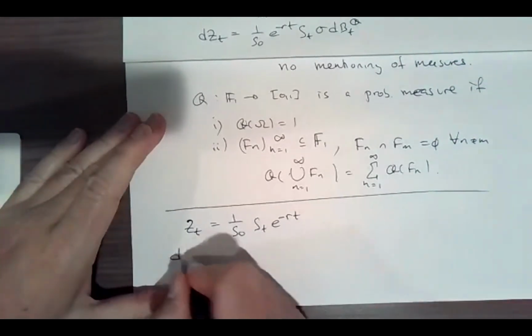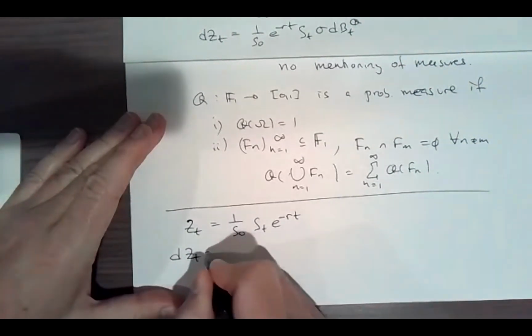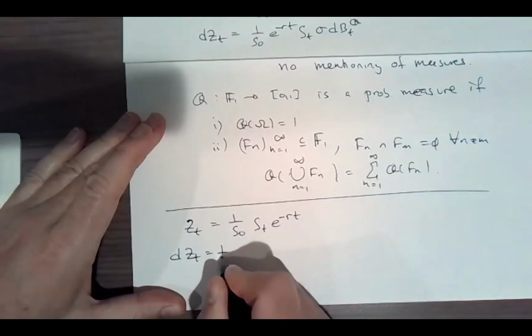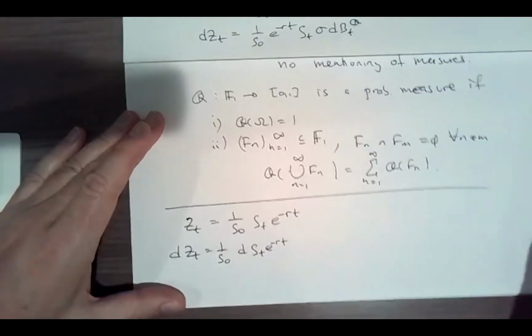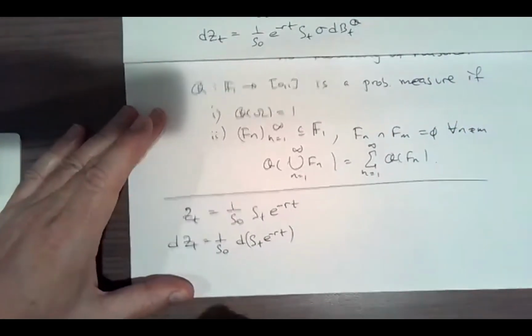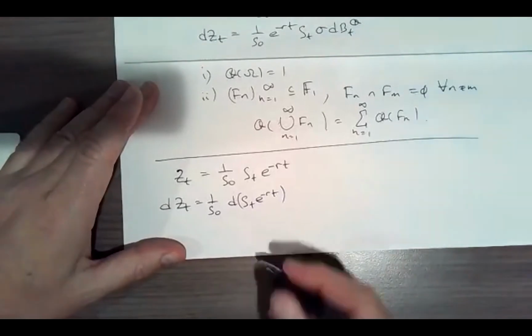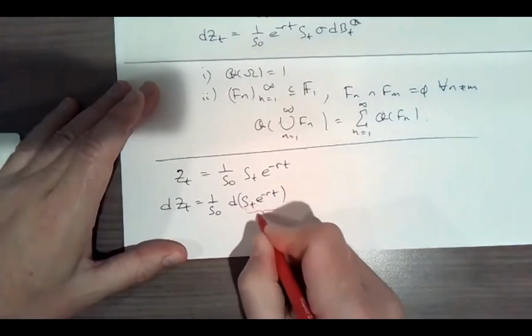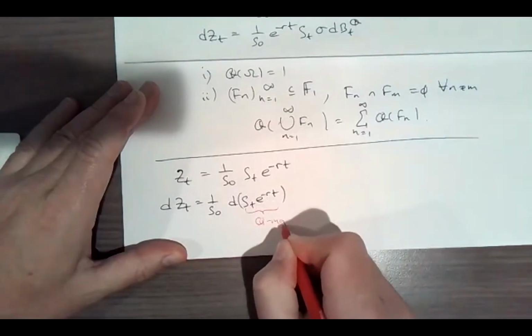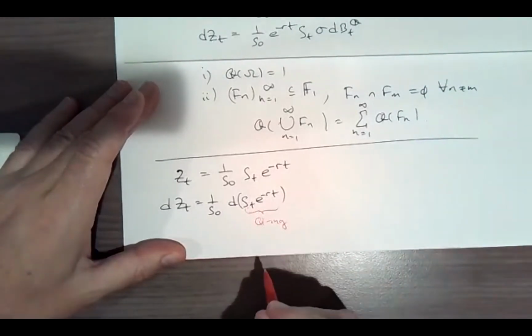So if I look at dZ, this is a constant, right? So you can go outside. So then you have d of St e to the minus rt. Right? I know this is a martingale. I know this here is a Q martingale. Right? It's a discounted stock price.